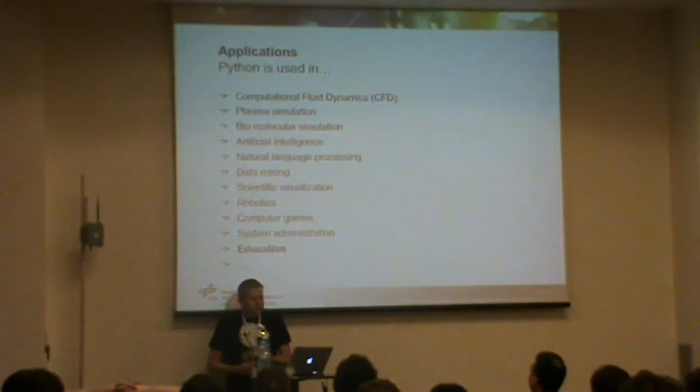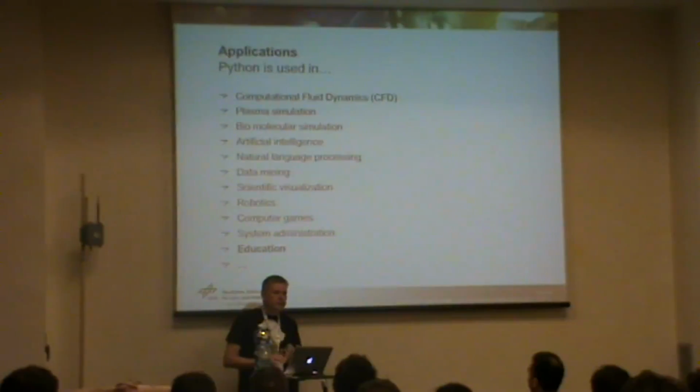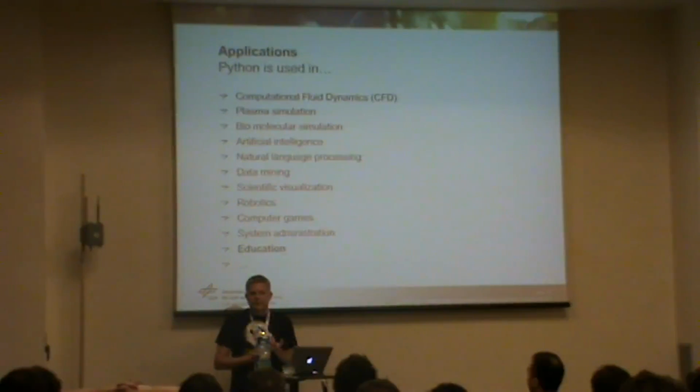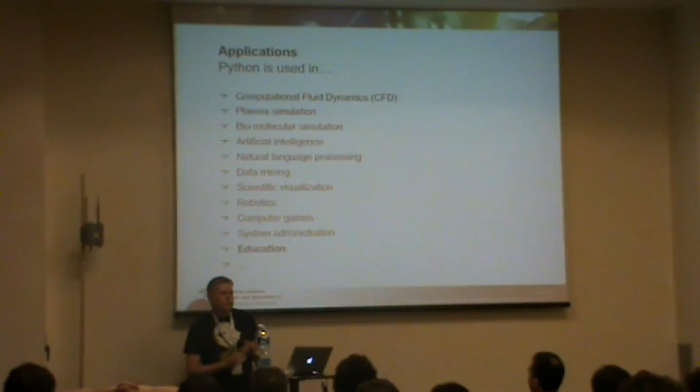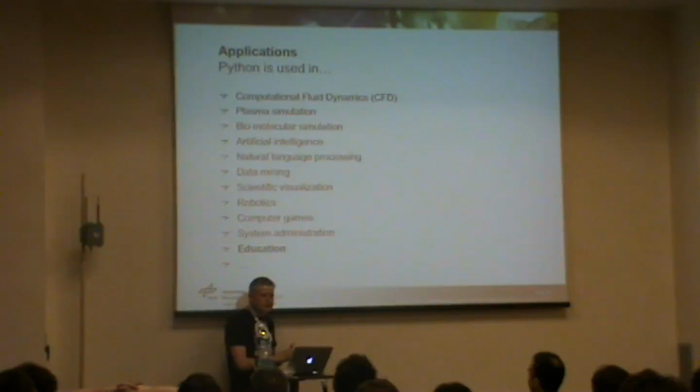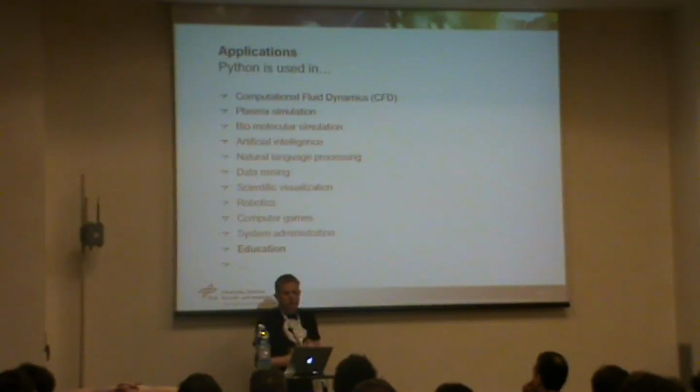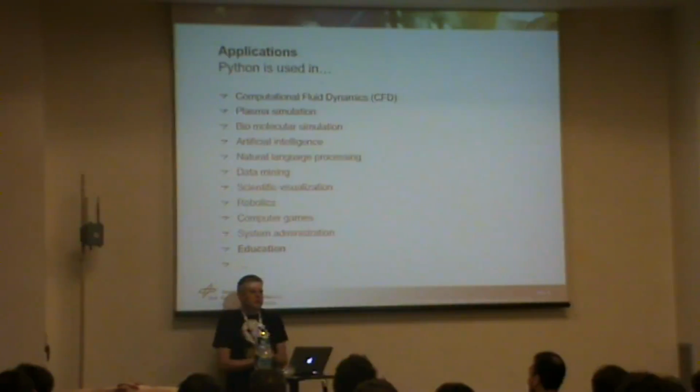Applications where Python is used. This is a list of applications for which people in the last months or years have been doing stuff with Python. Computational fluid dynamics is very huge in the aerospace industry, automobile industry, and engineering.